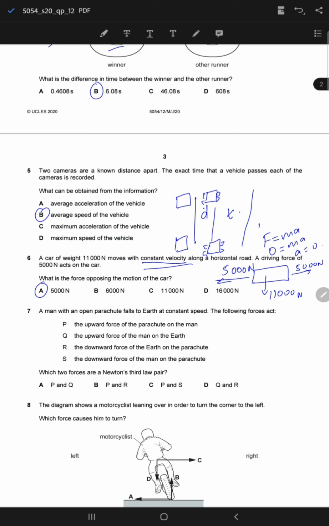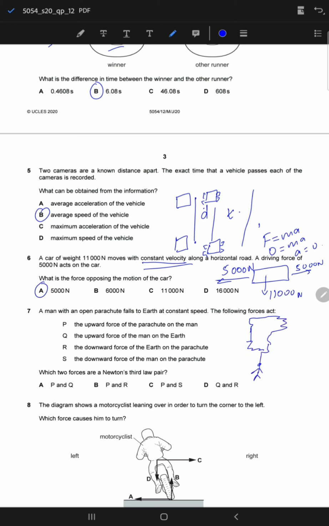For Newton's third law, you should remember that the action and reaction forces act on two different bodies, right? These forces are equal and opposite. So the only viable pair that I have here is P and S, right? The upward force of the parachute on the man. So let's say this is a parachute, and this is the man.